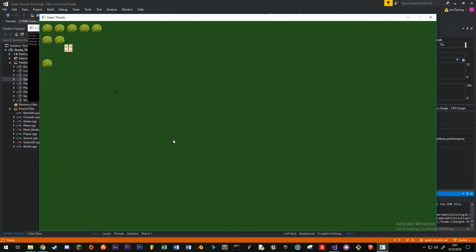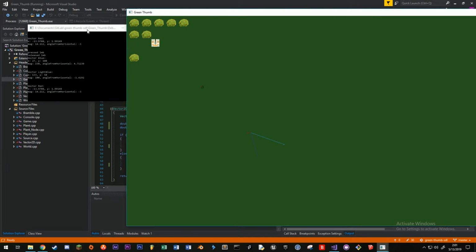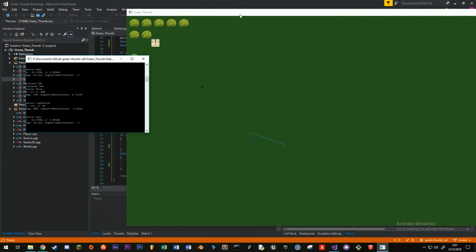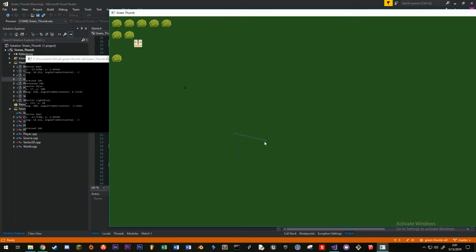to the middle of the screen here, and so I can drag these vectors around, and I can test the various vector functions with these three vectors here. I'm getting some information about the vectors in the console, and so that's where I'm at.